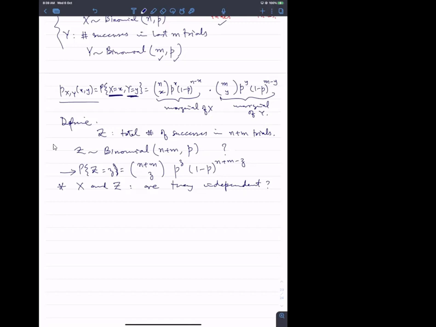So given z, x की जो PMF है वो चेंज हो जाएगा. अगर हम आपको बता दें कि z takes the value n plus m, which means कि सारे trials जो हैं वो successes हैं, then x will take the value n. So that means कि x and z, they are not independent.